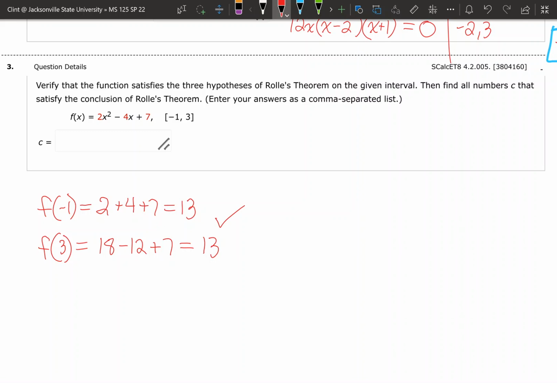What Rolle's theorem tells us, this is where I was getting 0 in my head, is that there's some C in the interval so that f prime of C equals 0. So C is some number in the interval -1 to 3. So we want to find that C value.